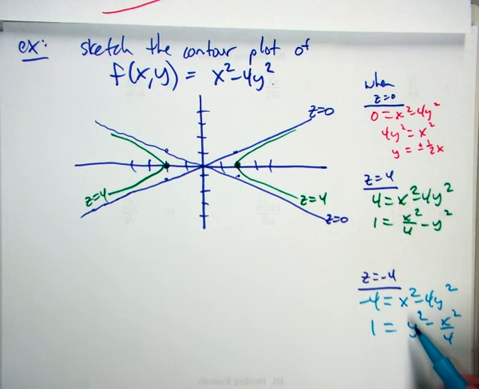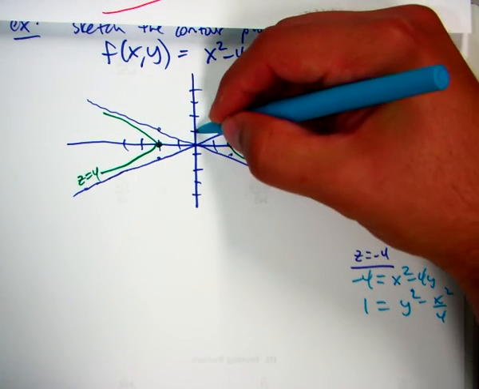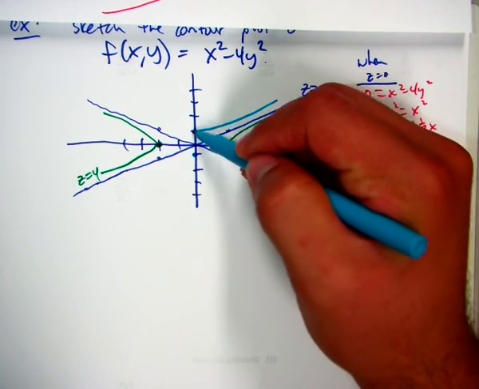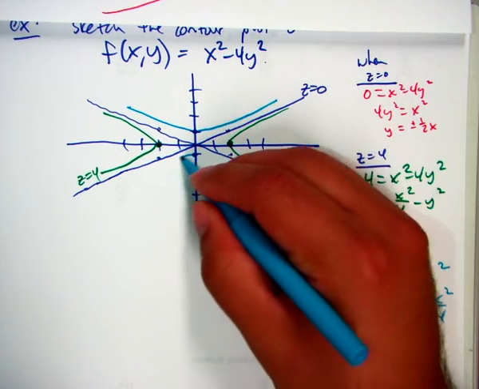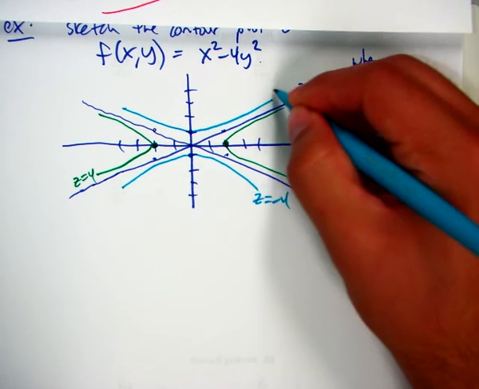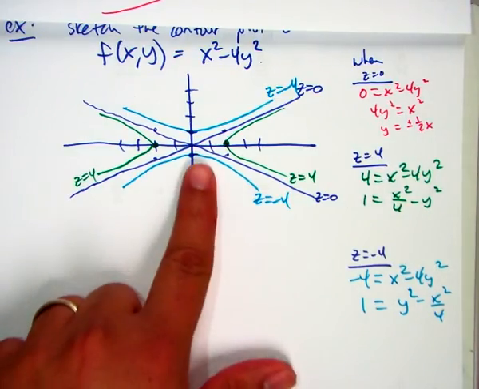Vertices will be 1 unit away from 0, 0. So something like this. Okay, so this is a decent sketch. Pretty much tells you where things are happening.